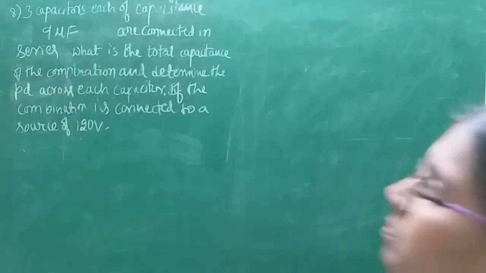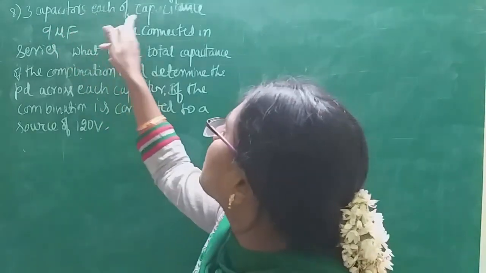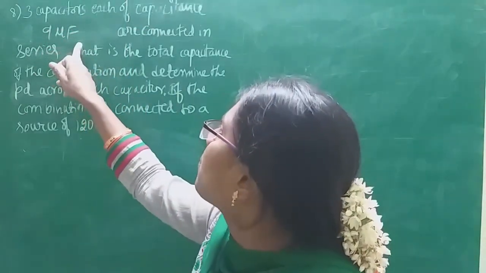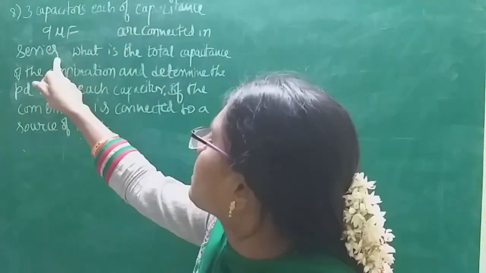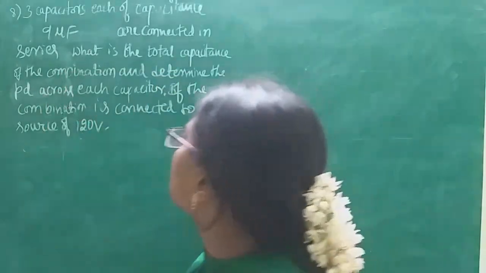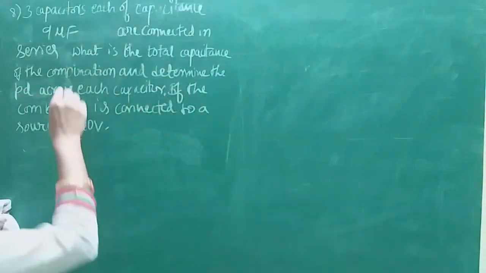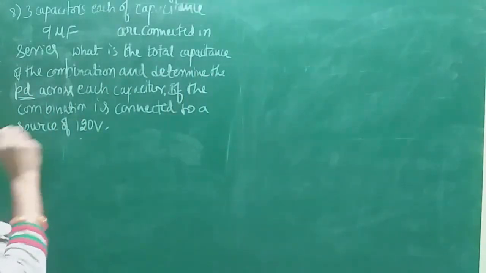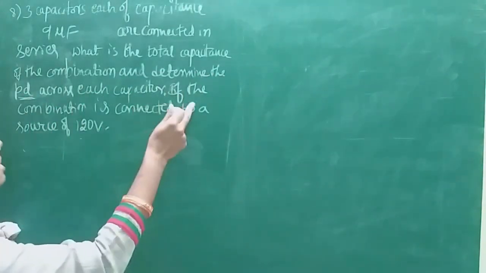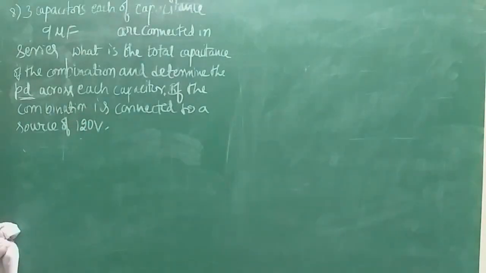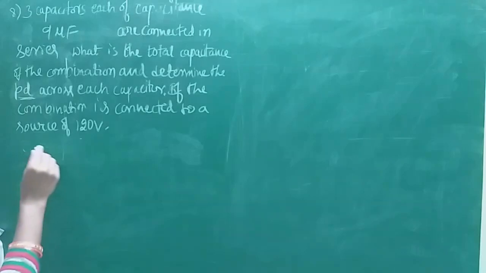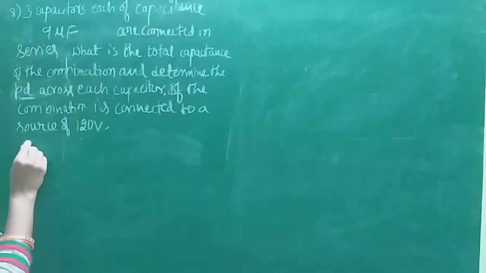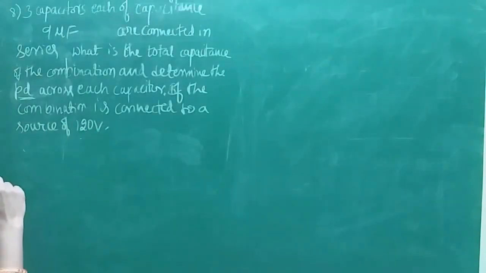The next problem is: 3 capacitors, each of capacitance 9 microfarad, are connected in series. What is the total capacitance of the combination? And also determine the potential difference across each capacitor if the combination is connected to a source of 120 volt. So let us consider they have given 3 capacitors, each of capacitance 9 microfarad.